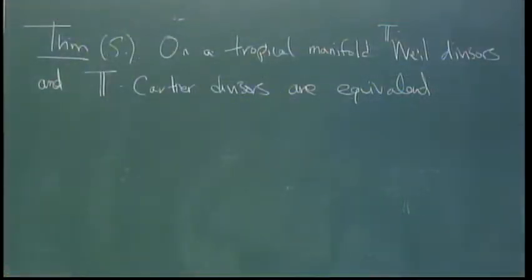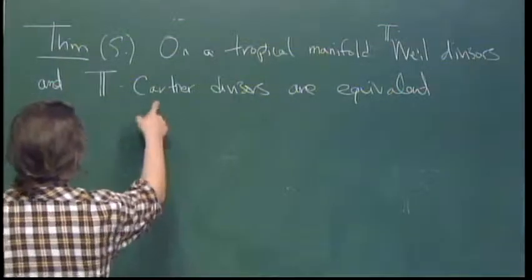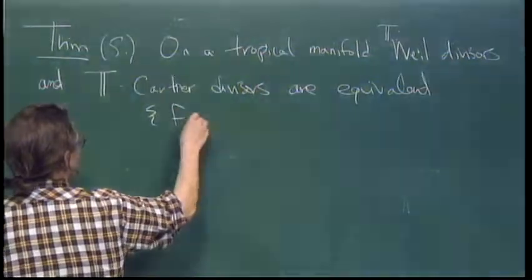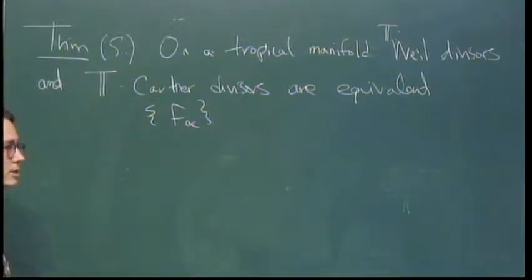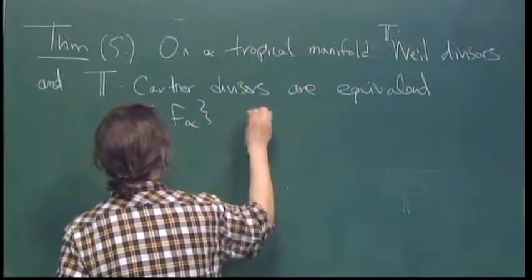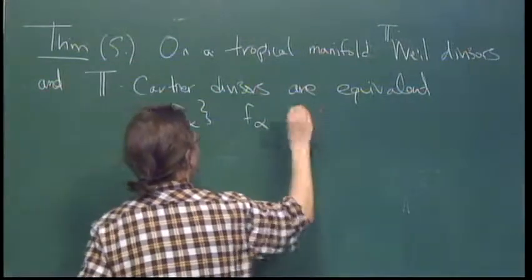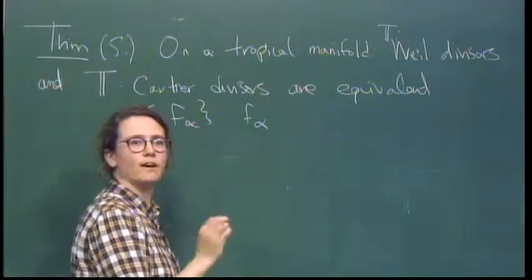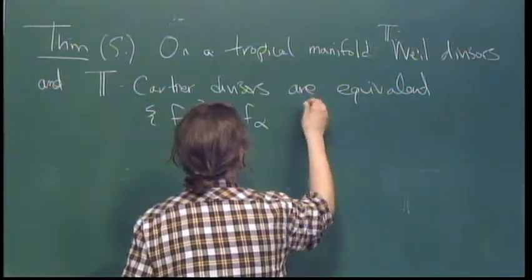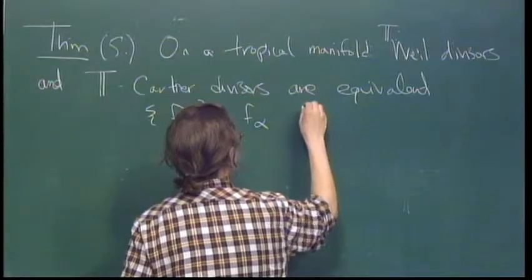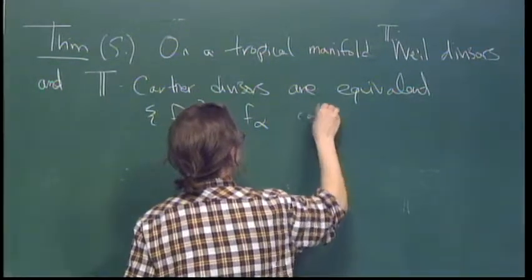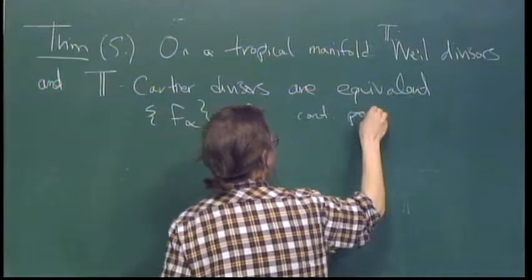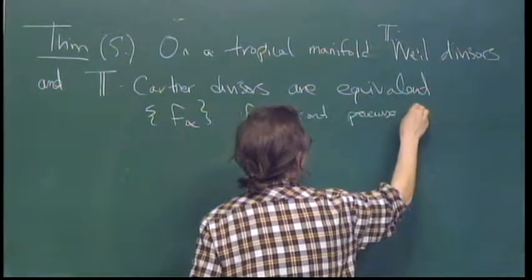Okay? So a Cartier divisor is a collection of tropical rational functions, continuous piecewise affine.